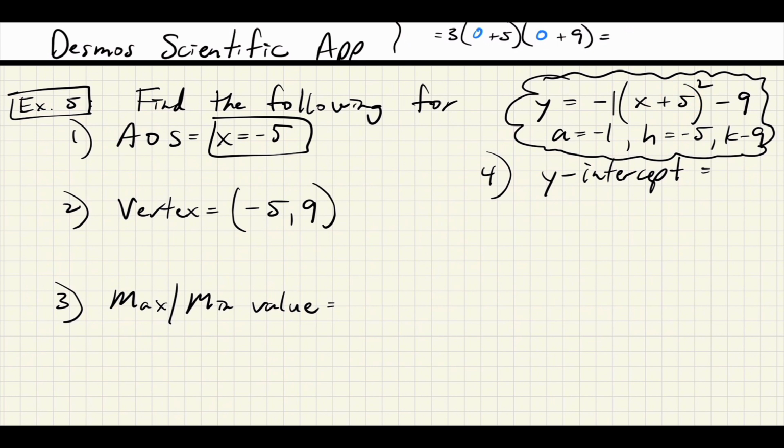There's the vertex. This one's going to have a negative 9. Yep, you're right. A is negative, so it's going to have a maximum. Yep, max at negative 9.